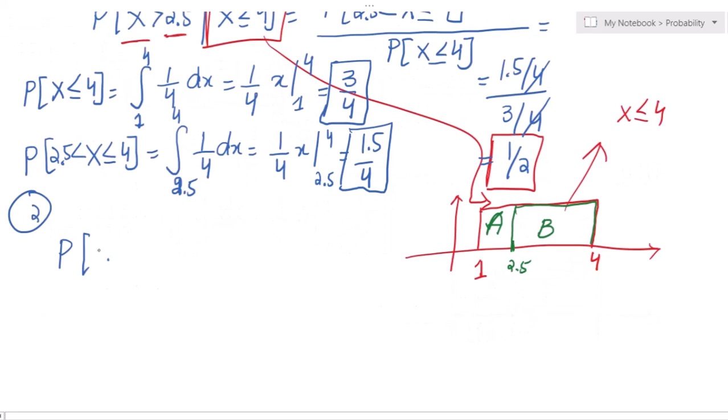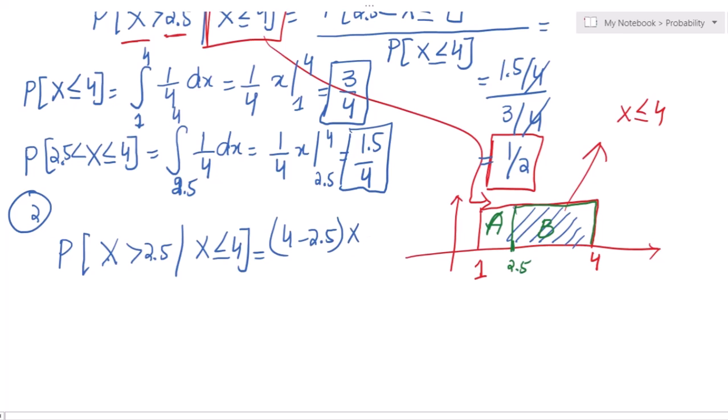In order to find the probability that x is greater than 2.5, given that x is less than or equal to 4, we can use these two areas. The area we want to find is this one, so it is 4 minus 2.5, which is the length, multiplied by this height, 1 by 4, as we have already found.